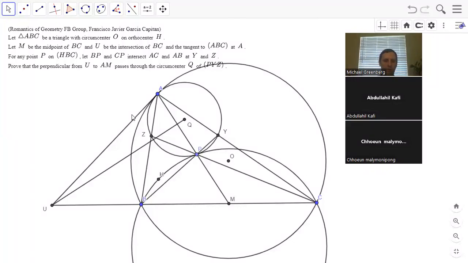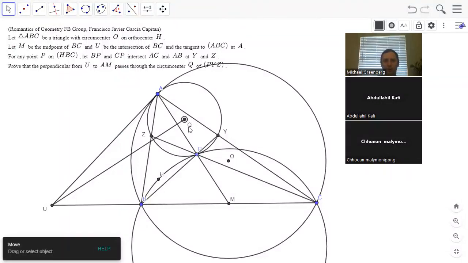Interesting. Q clearly lies on the axis. It has the same power with respect to both, and then Q, oh, these circles are tangent, basically.